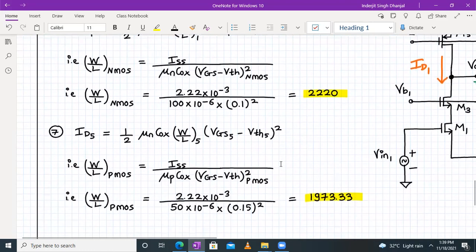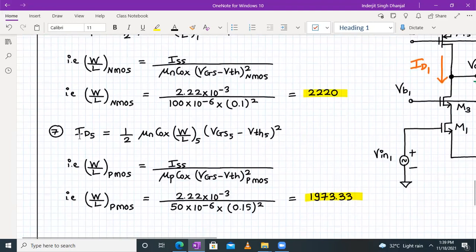Similarly, for PMOS transistors, it will be given by ID5 is equal to half mu n. Actually, it should be mu p, not mu n. Let me correct it. So it is half mu p Cox W by L of 5 into VGS5 minus VTH5. Actually, there should be a mod, but that's okay. The overdrive voltage square, it is 150 millivolt, right?